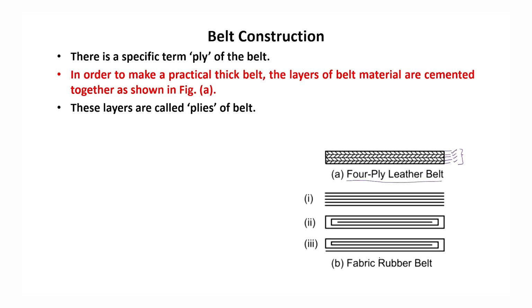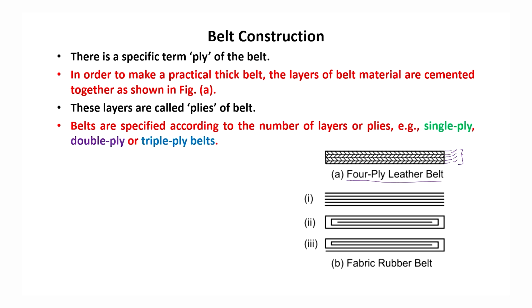The belts are in the fabric type also, where the fabric is oriented either in this way or in this way, and in between these fabrics a filler binding material will be used. Now these layers are called the plies of the belt.